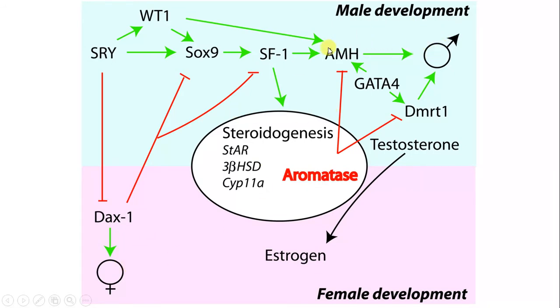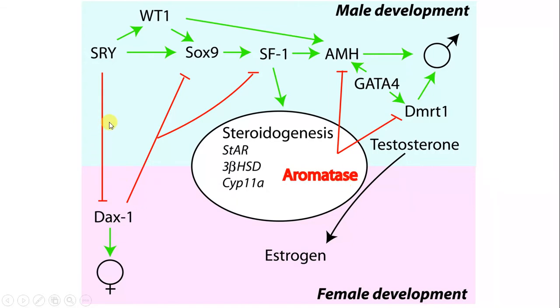And if it is going to be male development, so SRY through the factor and then the SOX9 SF1 to the AMH anti-Mullerian hormone is produced, and from here the StAR, 3 beta HSD and other factors also influence the production of the anti-Mullerian hormone, and then this sequence leads to the development of male.